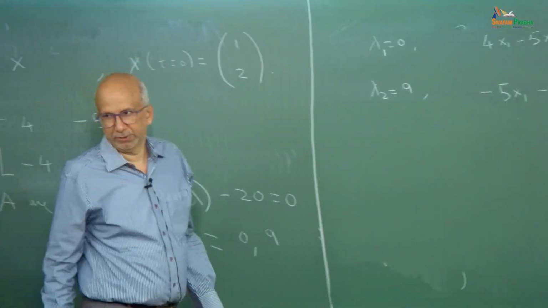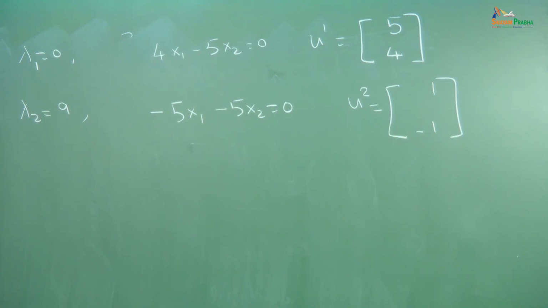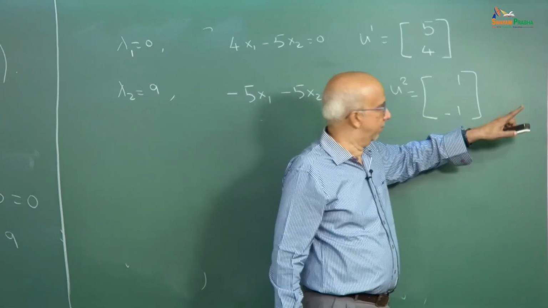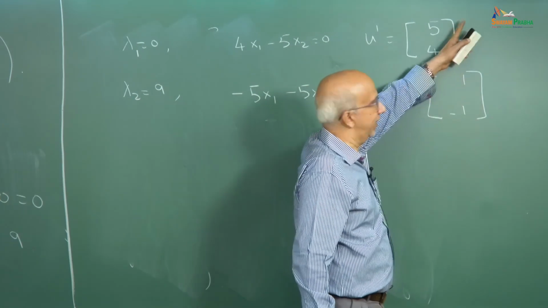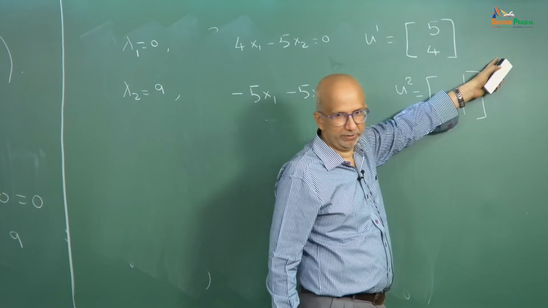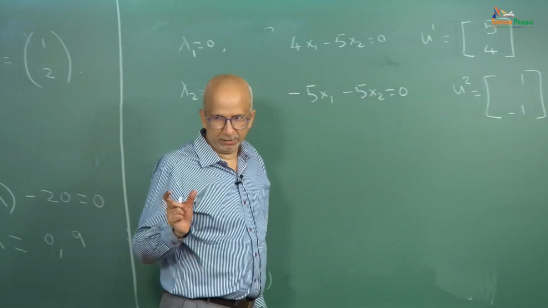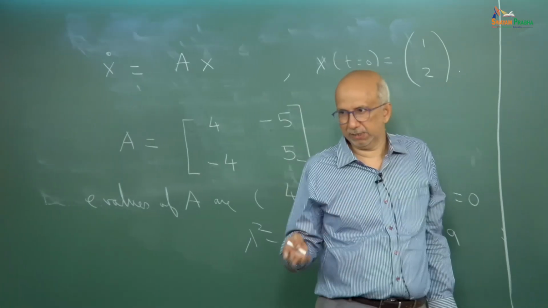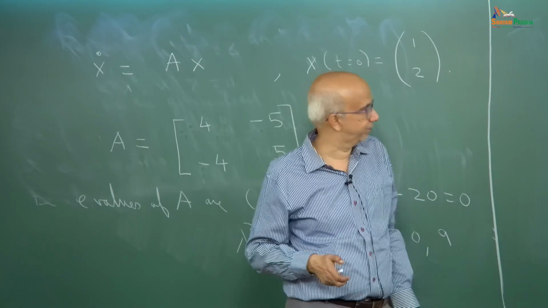You can choose either way, okay. Remember, if 1 minus 1 is an eigenvector, minus 1 1 is an eigenvector, minus 5 4 is also an eigenvector, 20 16 is also an eigenvector, okay. Eigenvector is not obtained uniquely, any scalar multiple is an eigenvector.